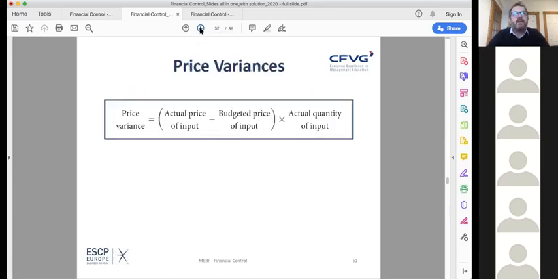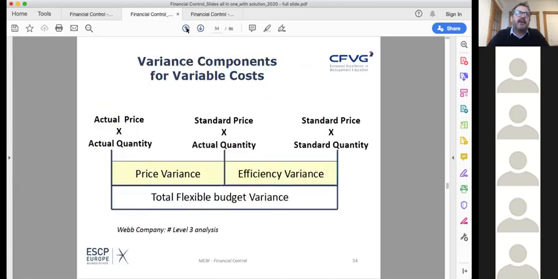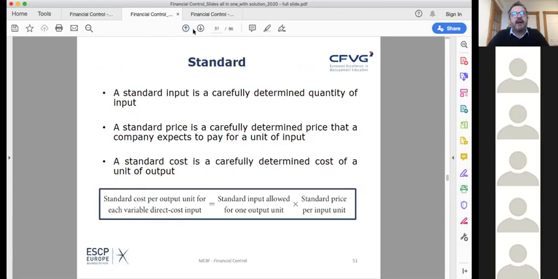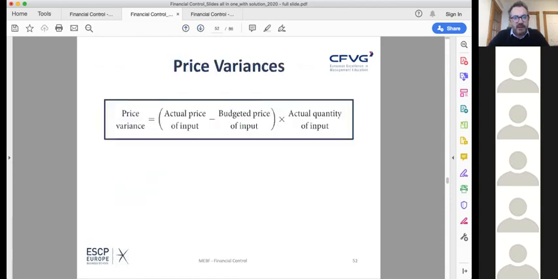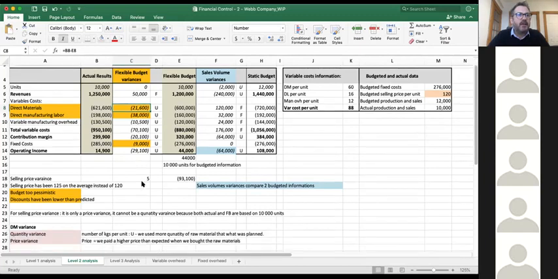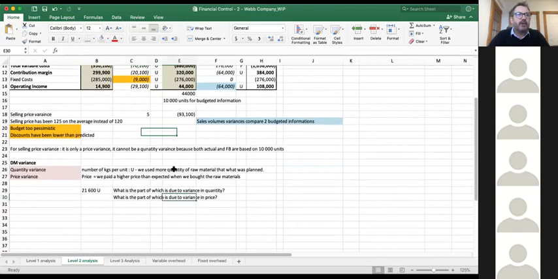Okay. So now let's get into the details of the price and quantity variance. For the price variance, we're going to use actual price minus budgeted price times the actual quantity. Let me come back to what I have in my document here. For the price, what's going to be used first?